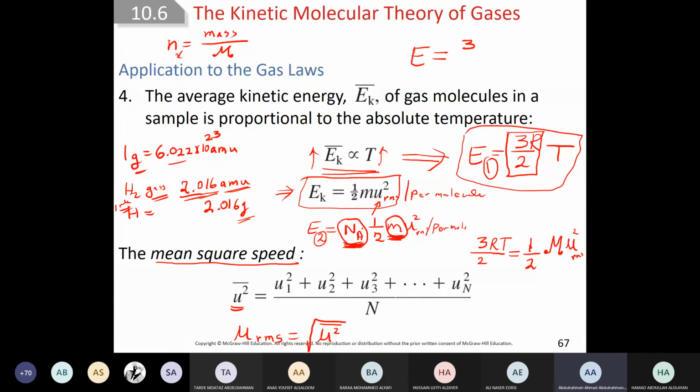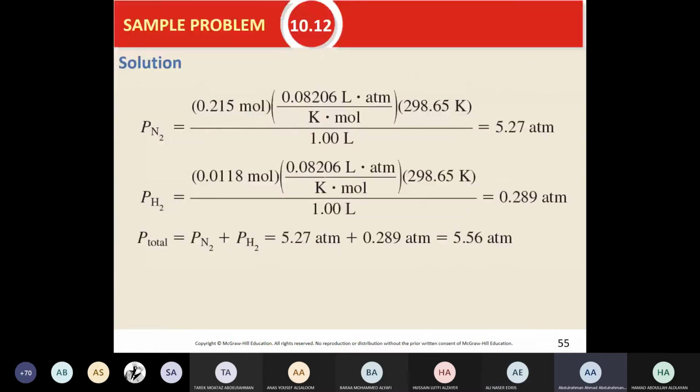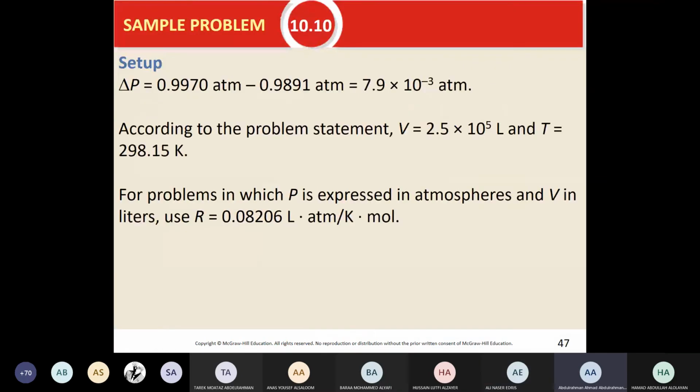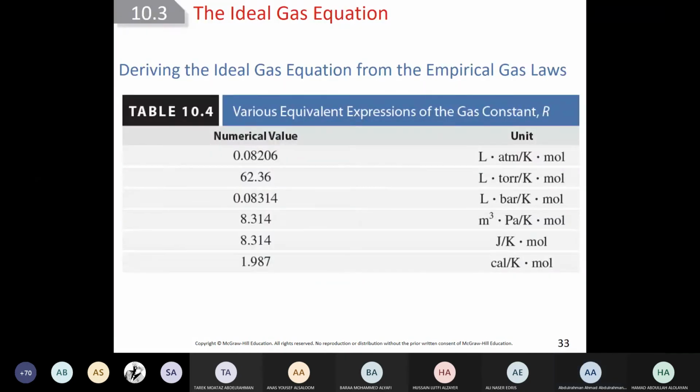Now, R is in what unit? We should use R in here for energy. So which R are we going to use for energy? 8.314. Let's go back to the R in the beginning of the chapter. Which R should we use? 8.314 joule.